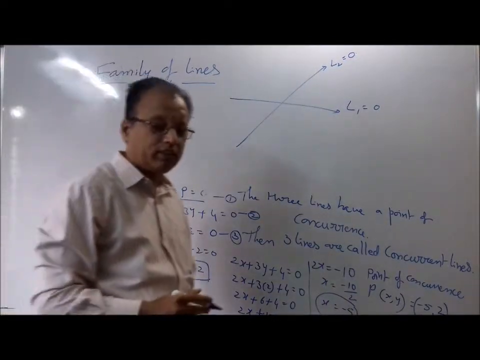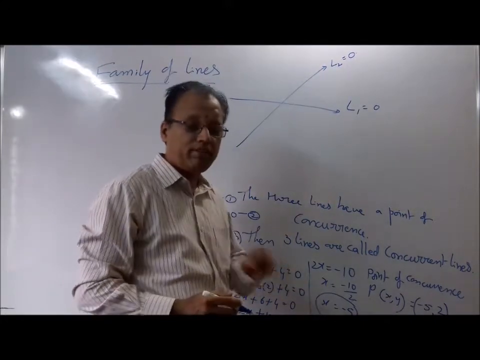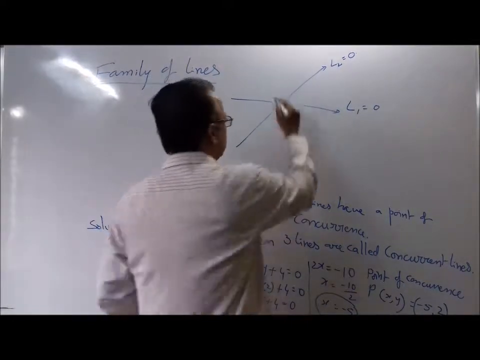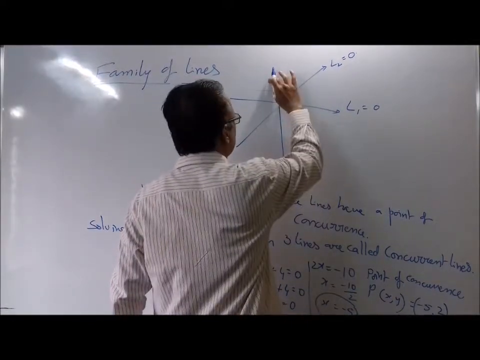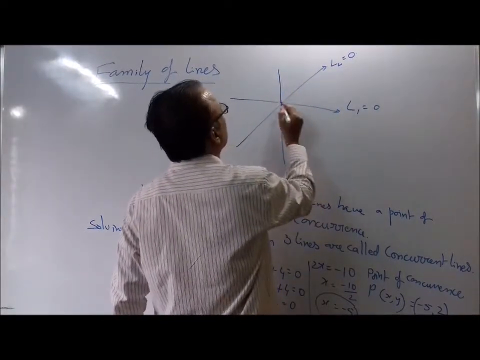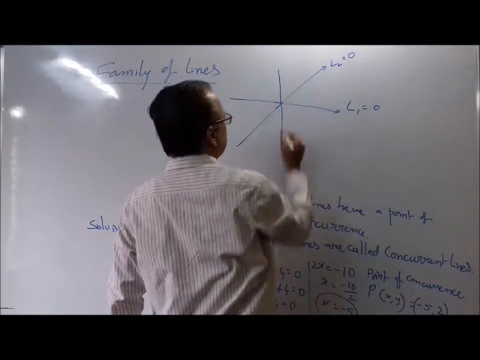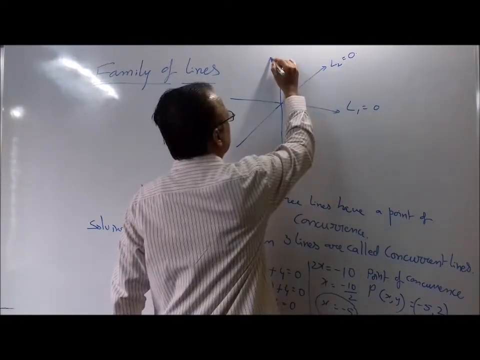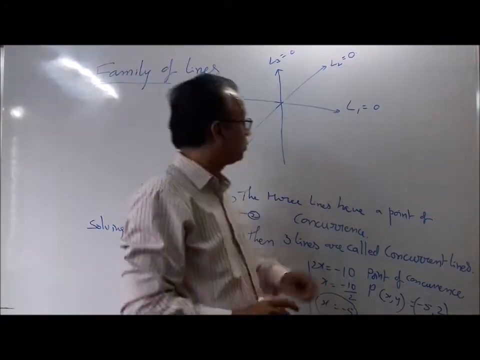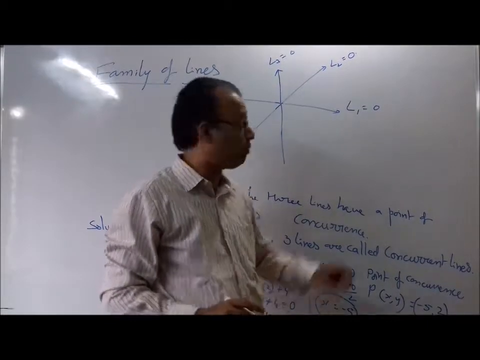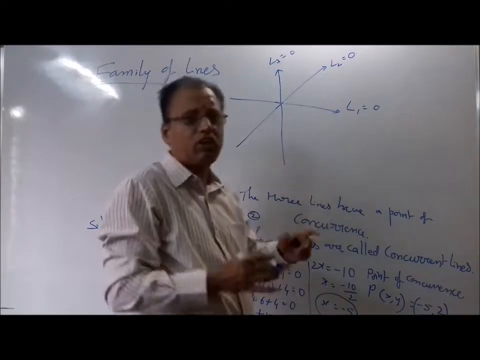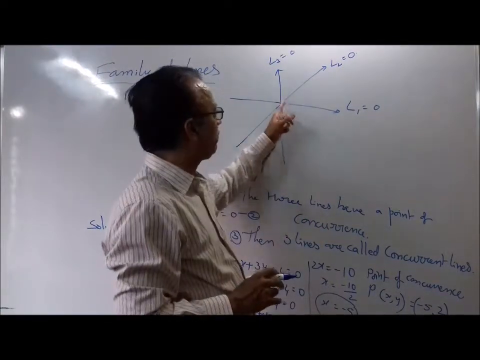Then any third line passes through the same point of intersection of these two lines. So this is the third line which is passing through the point of intersection of these two lines. Otherwise, these three lines are concurrent.